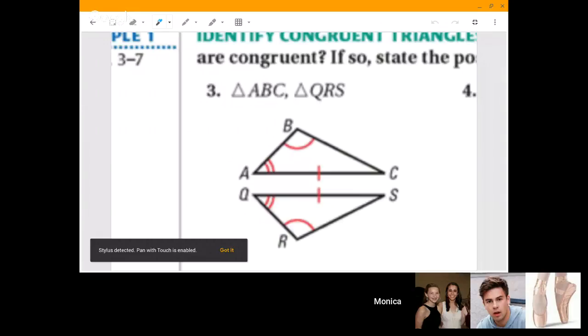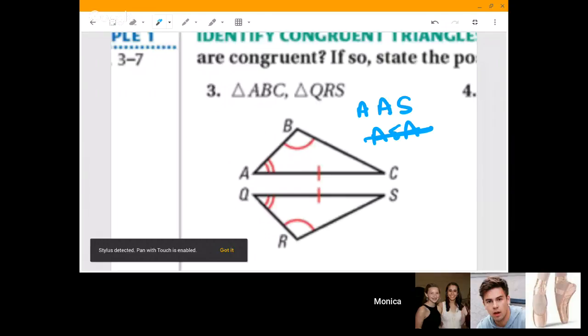So when we're looking at this, we have triangle ABC and triangle QRS. What we know is an angle, and a side, right? Now, it's not the side between them, so it's not angle, side, angle, okay? So that's how you're going to know it's angle, angle, side.